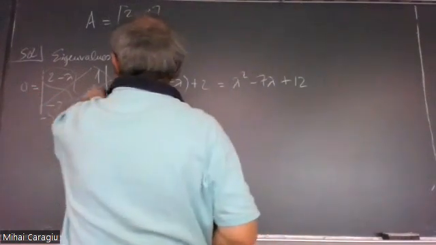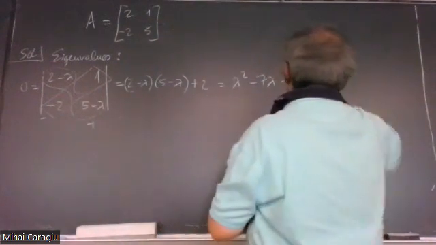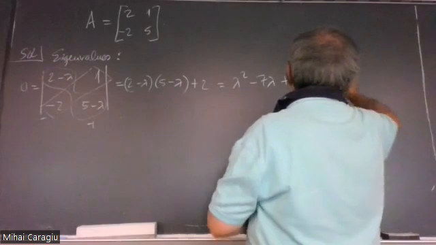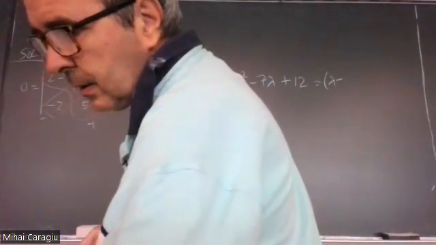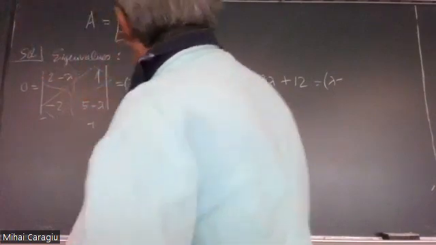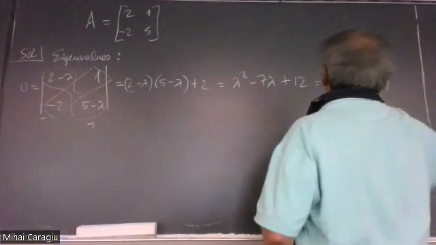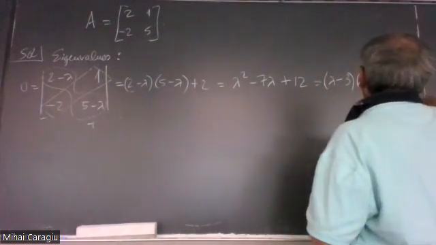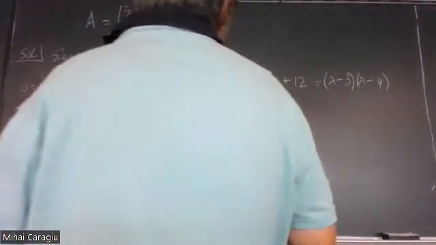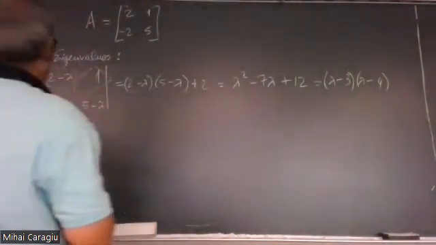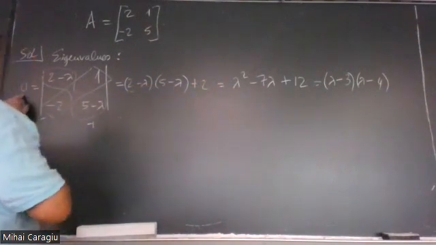So 0 equals lambda squared minus 7 lambda plus 12, which factors as lambda minus 3 times lambda minus 4. So lambda 1 equals 3, lambda 2 equals 4.